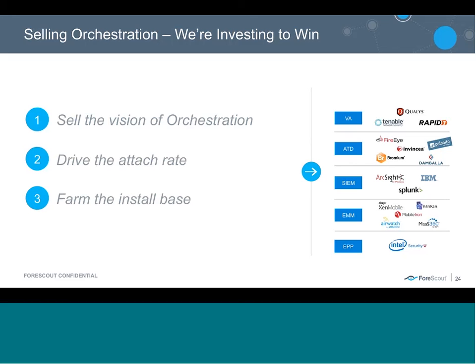From the install base, I mentioned it earlier, the current installation base where we don't have extended modules, go back, start talking to your customers about what they're using for VA, what are they using for ATD, what are they using for endpoint protection, figure out what they've got, look and see if we have an extended module for it, and then you can start to have that conversation.